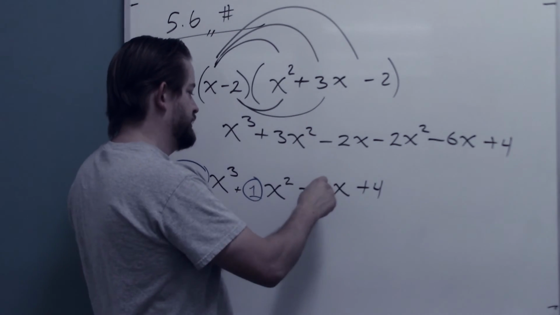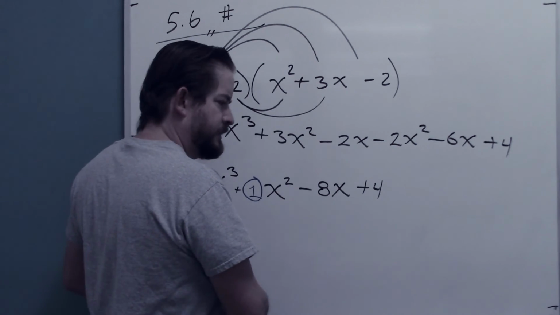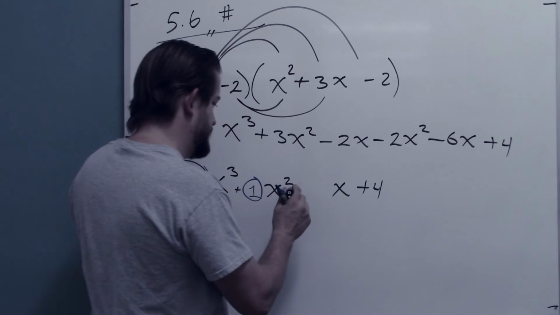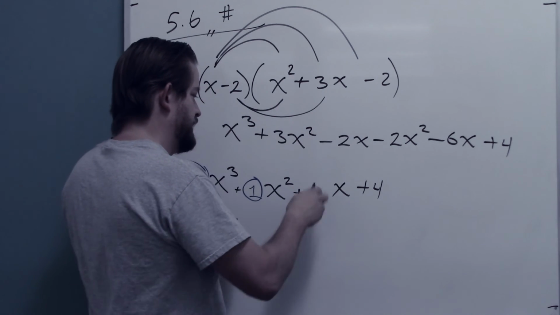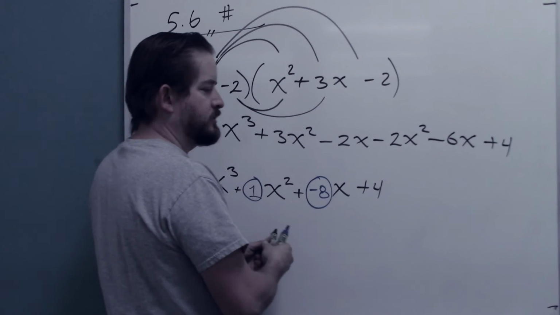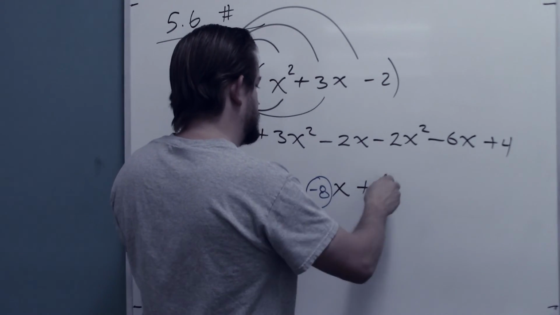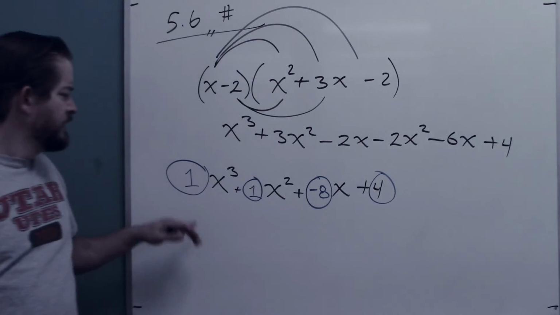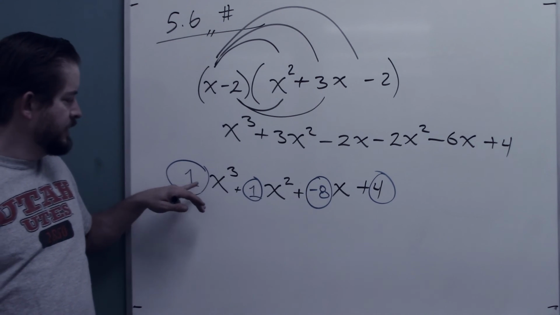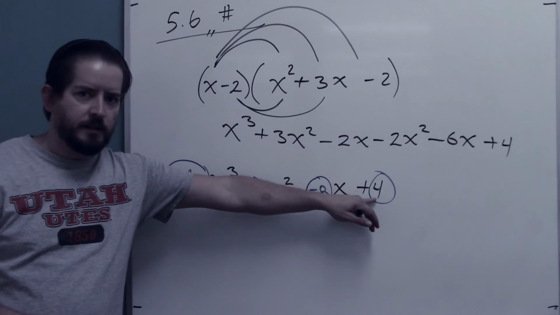Into this bubble, I think it's a plus. It is. There's a plus and a bubble, but since this is minus 8, just put a negative 8 in that bubble, and then the last one is just a bubble, and you would just throw in your 4, right? So that's how your answer should look. It's just the coefficients in front of each of these terms, a 1, negative 8, and then a 4.